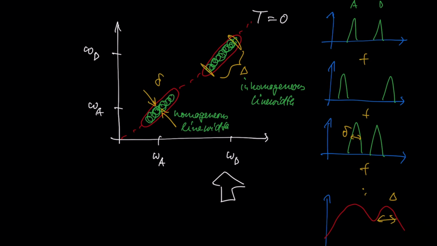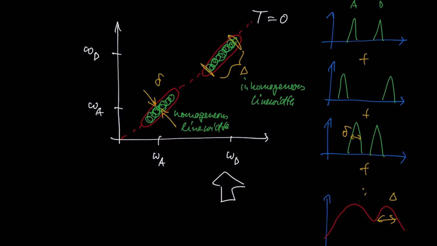Then a projection on one of the axes, the absorption or emission axis, will have the same property as the absorption spectrum. But we are looking at our spectrum from above, and there we can see both the homogeneous and inhomogeneous line shapes, not just the inhomogeneous one like in the absorption spectrum.